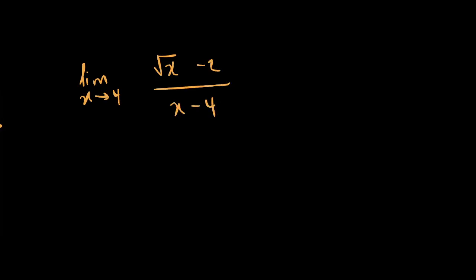Okay, now let's try to find the limit as x approaches 4 of the square root of x minus 2 over x minus 4.